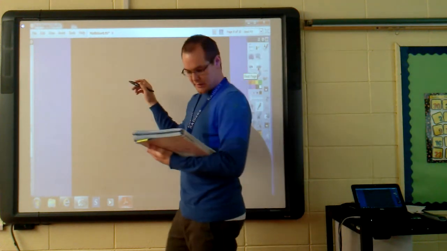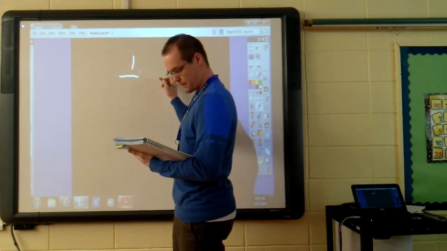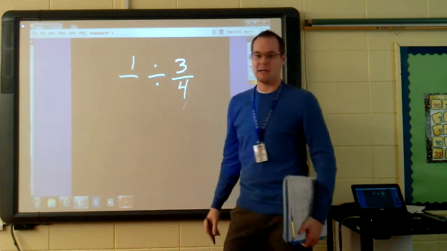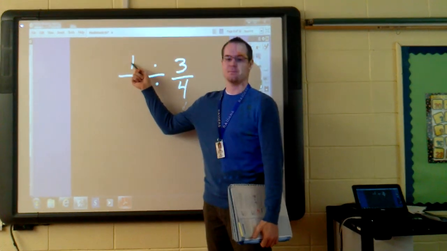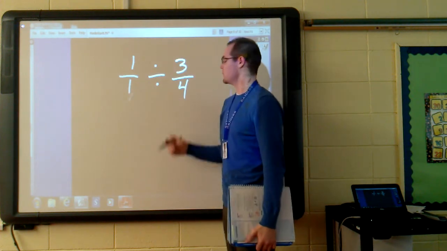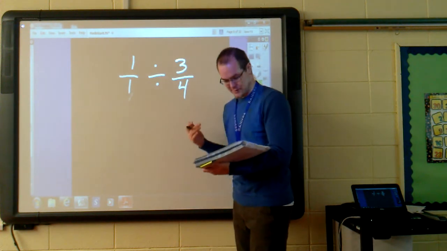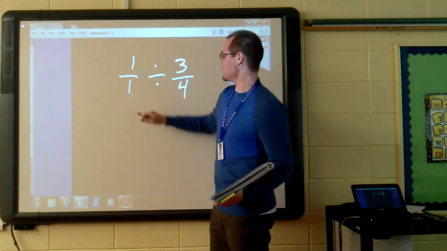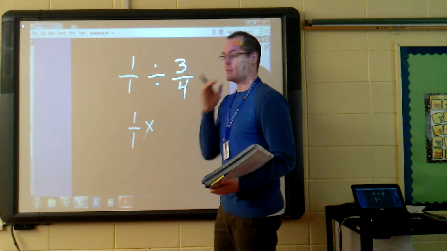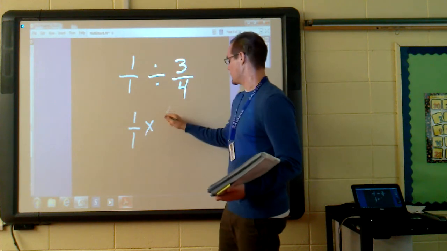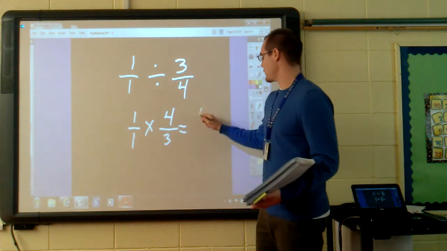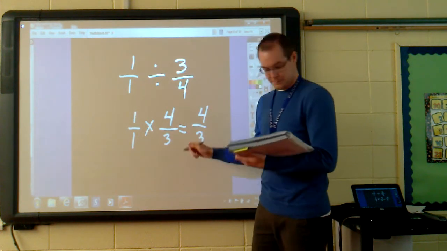Example 4, it says divide 1 divided by 3/4. I kind of got ahead of myself, but to write 1 as a fraction, again, we're putting it over 1. Now, remember, this is something that we've already discussed. When you divide fractions, the first fraction stays the same. Division sign switches to multiplication. 3/4, we use the reciprocal of 4/3, and we multiply. 1 times 4 is 4. 1 times 3 is 3.